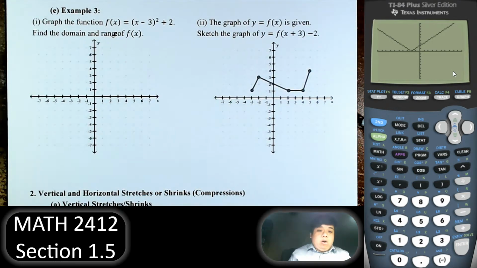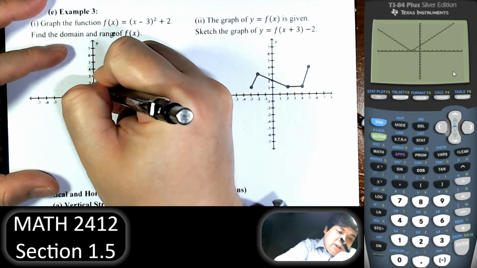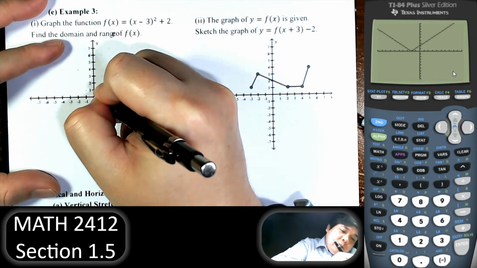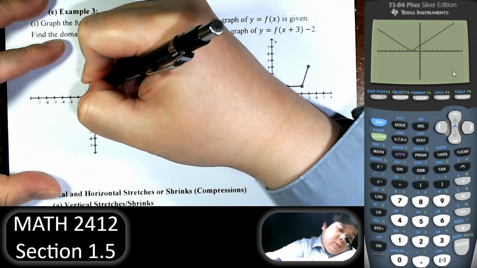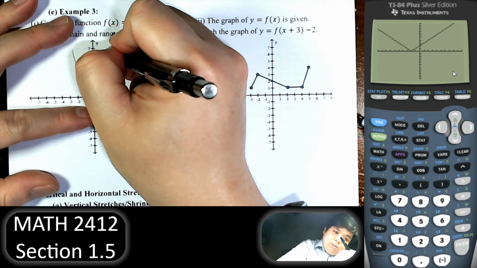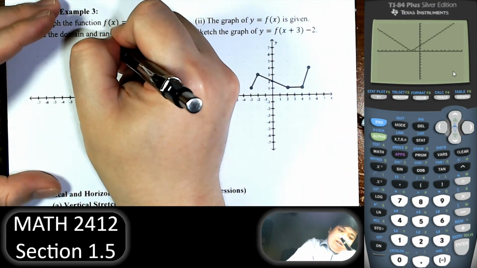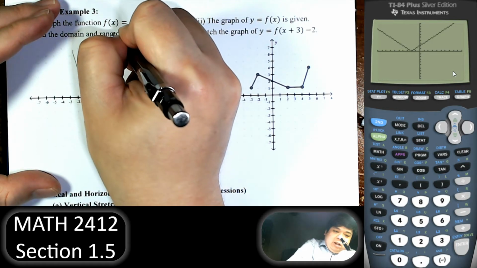First, of course, we have the basic function, so I will graph it. So this is y equal to x squared. That is the basic function. That's what we start with.